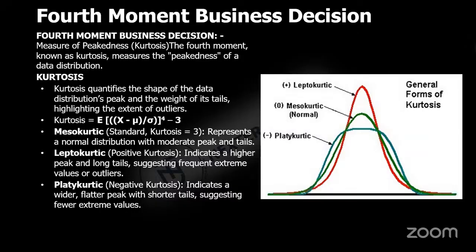The second moment measures the spread or dispersion or deviation. The third moment measures asymmetry. And the fourth moment measures peakedness. So we understood the measures and the purpose of calculating these measures.